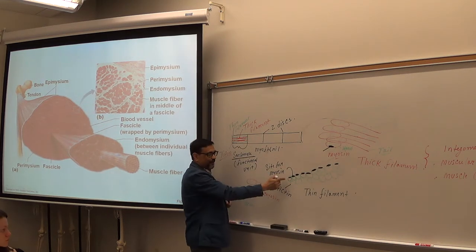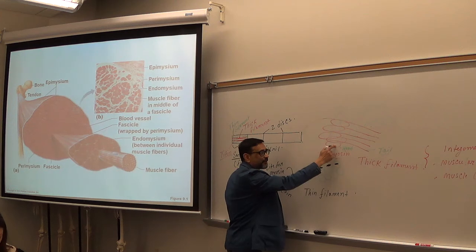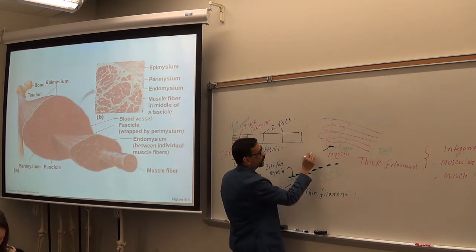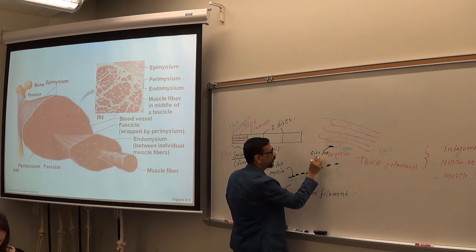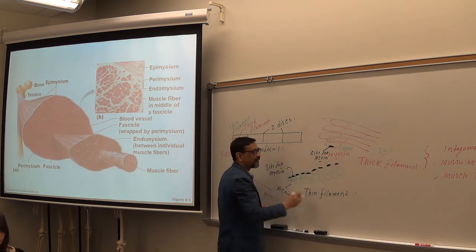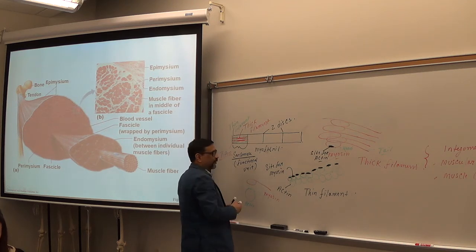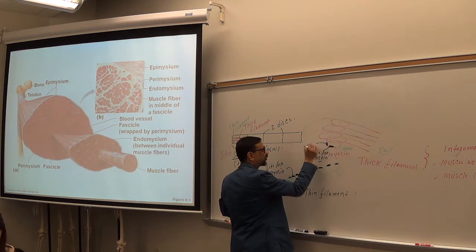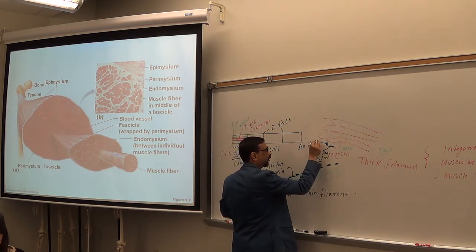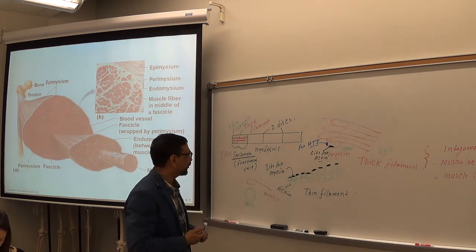Now you see here, on actin you have a site for what? Myosin. And on myosin you have a site for actin. Make sense? Okay. There is another site on the myosin head that is called the site for ATP. You all know ATP, right? Gives what? Energy. Okay, good.